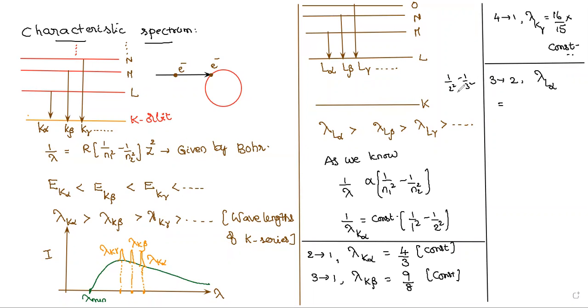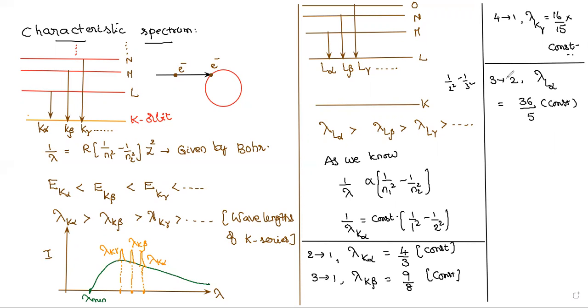Just for checking, 1 by 2 square minus 1 by 3 square means 9 fours are 36, by 9 minus 4 is 5, into constant you will get.